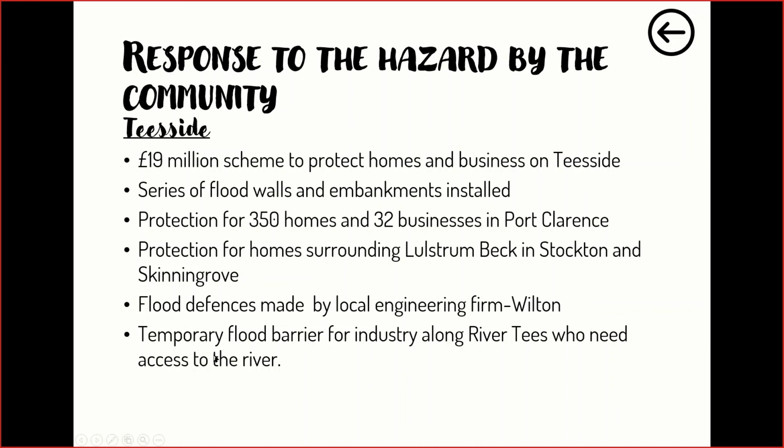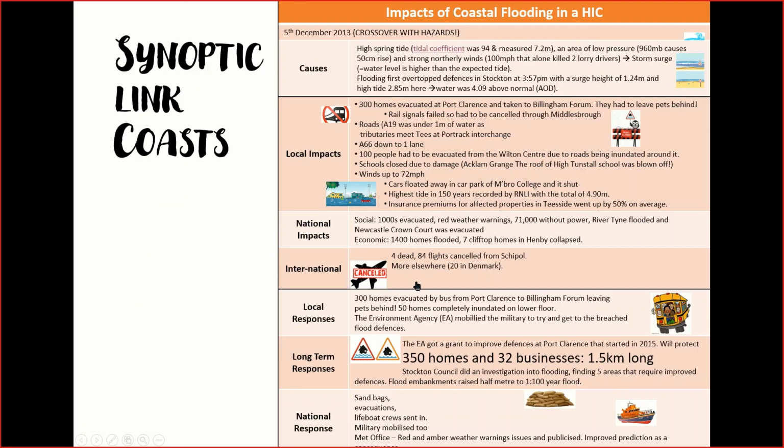And they have temporary flood barriers for industry along the River Tees who needed access to the river so they could get in and out and shut them when they need to. So they tried to make it as appropriate as possible. So there we go. Those are our defences and our responses that went in place as a result of those.